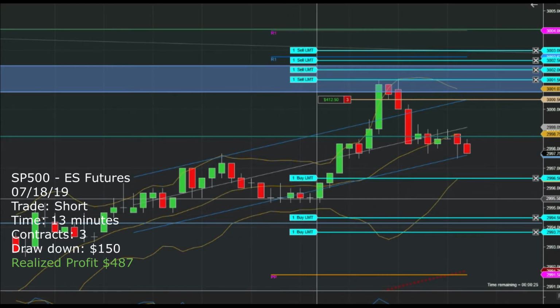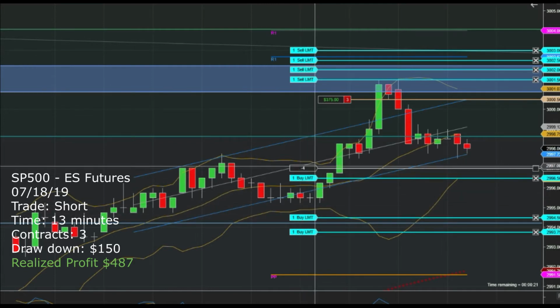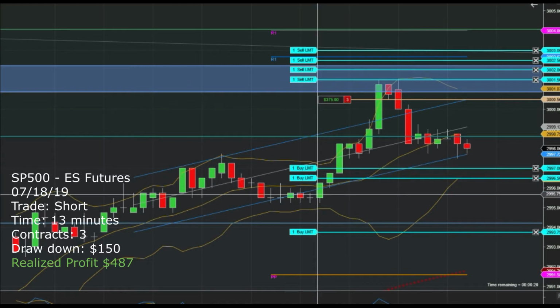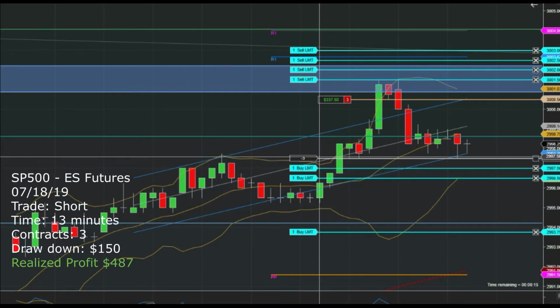Moving one of the profit orders up a little bit. We want to be sure to lock in at least some profit in case this does decide to spike upward.